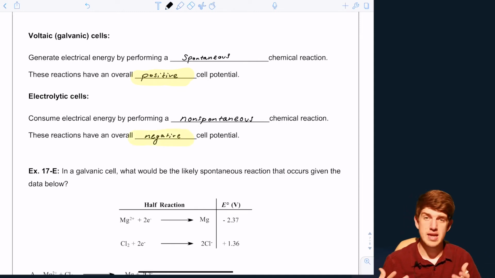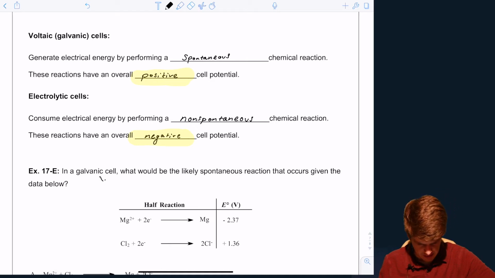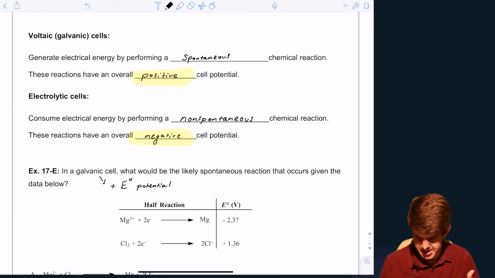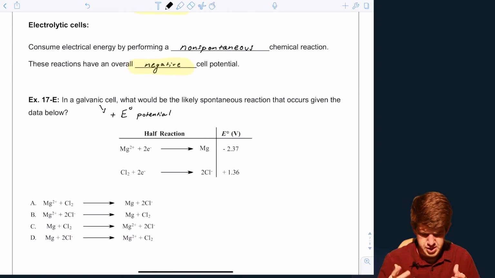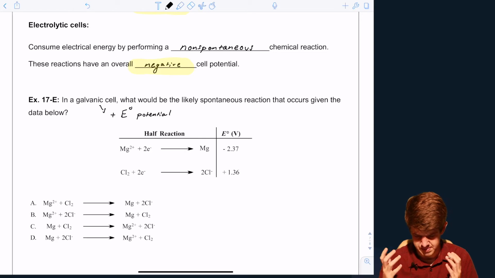So let's look at example 17e. In a galvanic cell, so a reaction with a positive cell potential, what would be the likely spontaneous reaction that occurs given the data below? Mg2+ + 2e- becomes Mg, and then Cl2 + 2e- becomes 2Cl-.